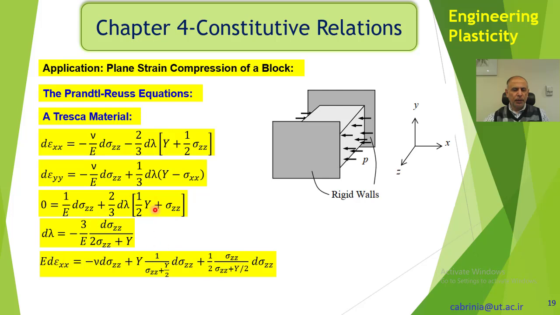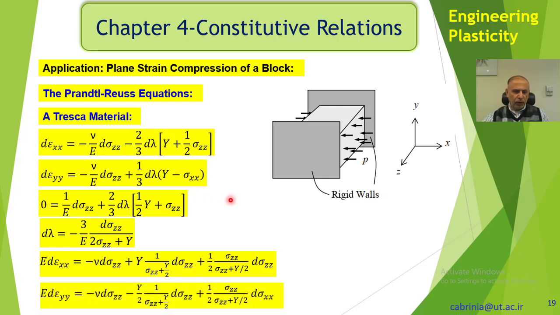That's how we obtain d lambda in this sort of problem. If you remember, that was the instantaneous constant or plastic multiplier. And also for d lambda, I substitute here. Therefore, I get these two equations.